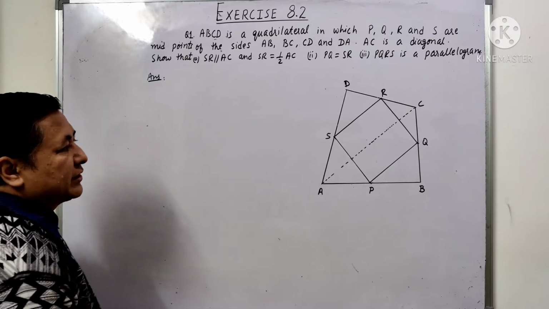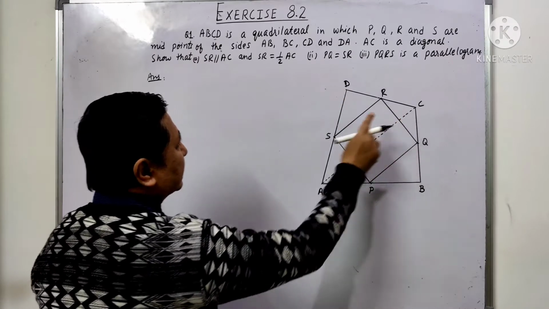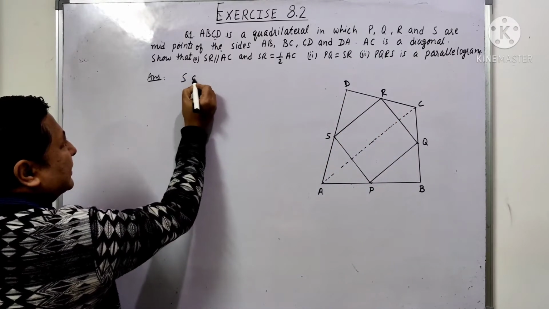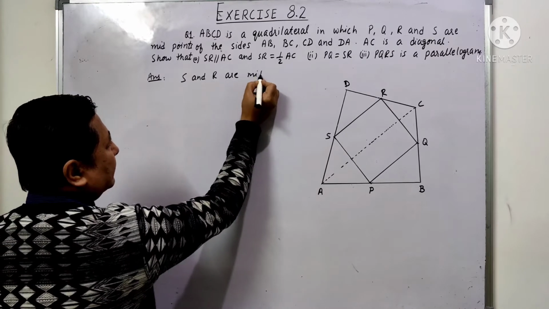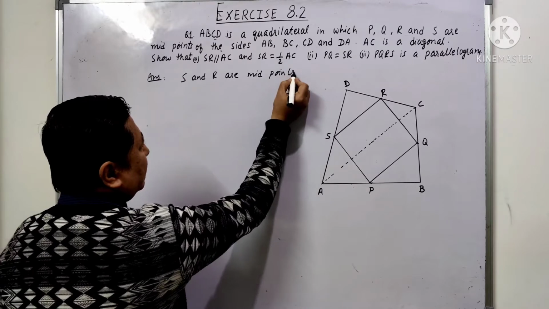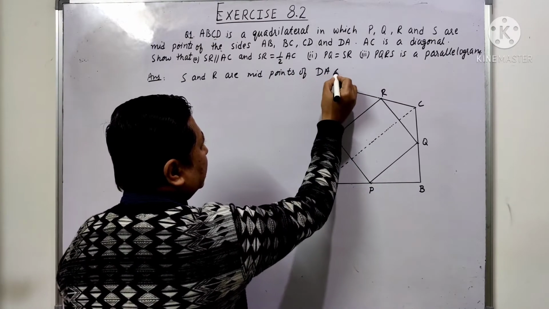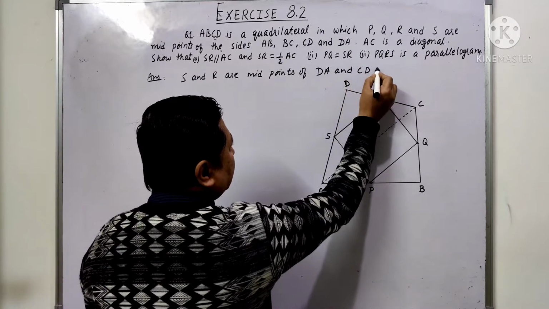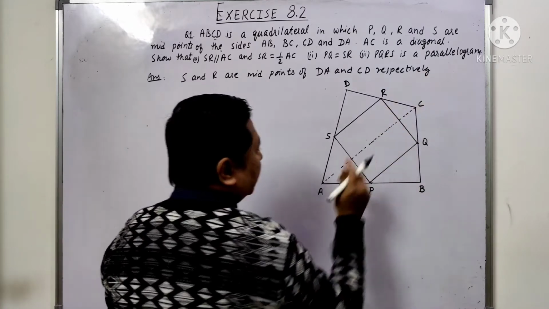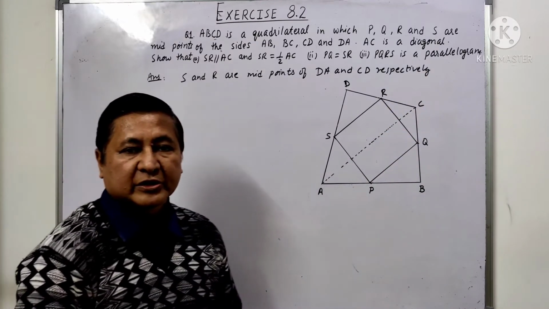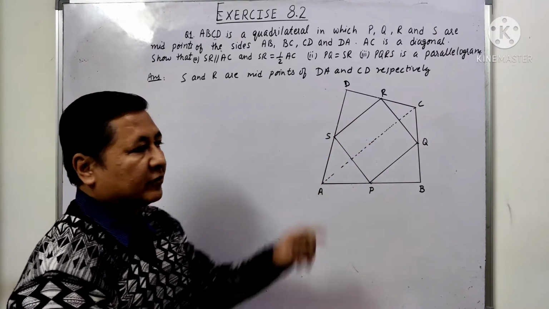In the question it is given that S and R are midpoints of DA and CD respectively, and we know that when we join the midpoints of two sides of a triangle, then it is parallel to the third side and equals to half of it.